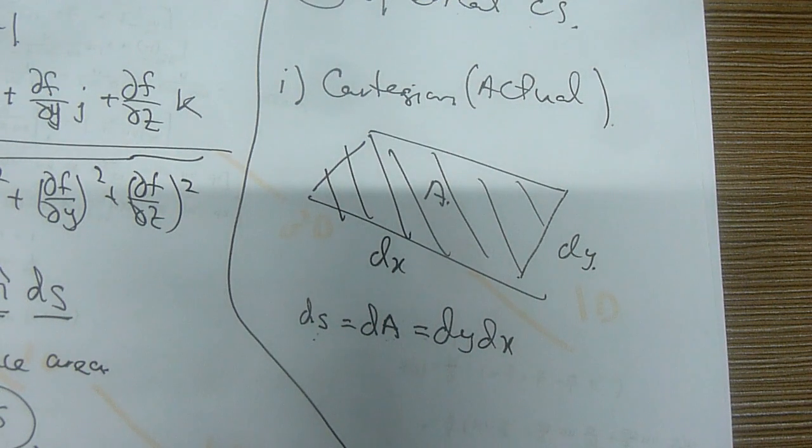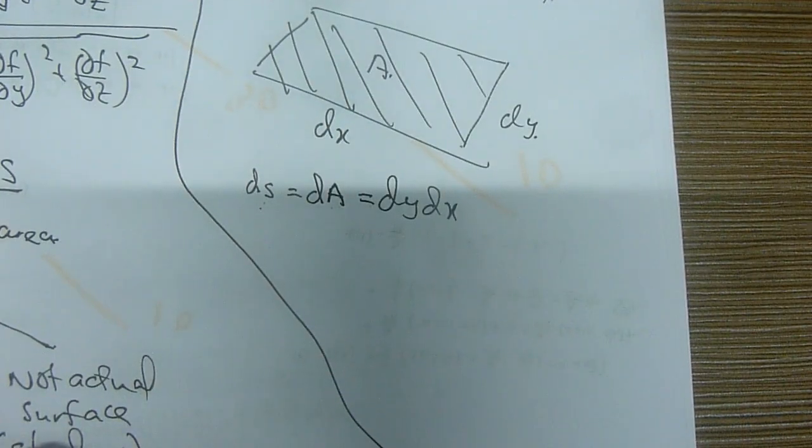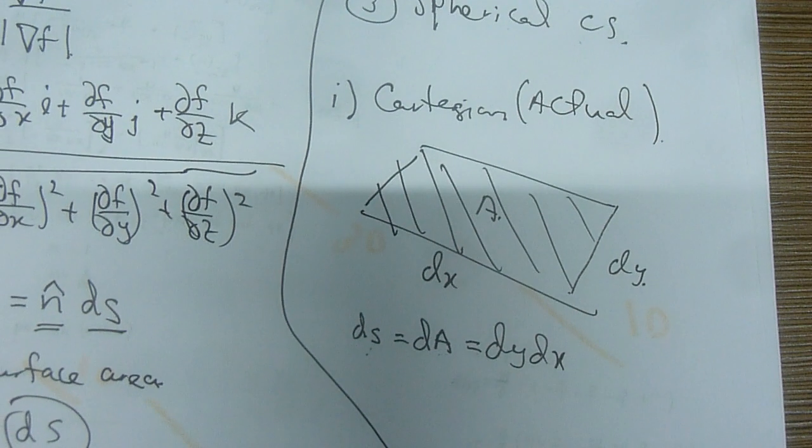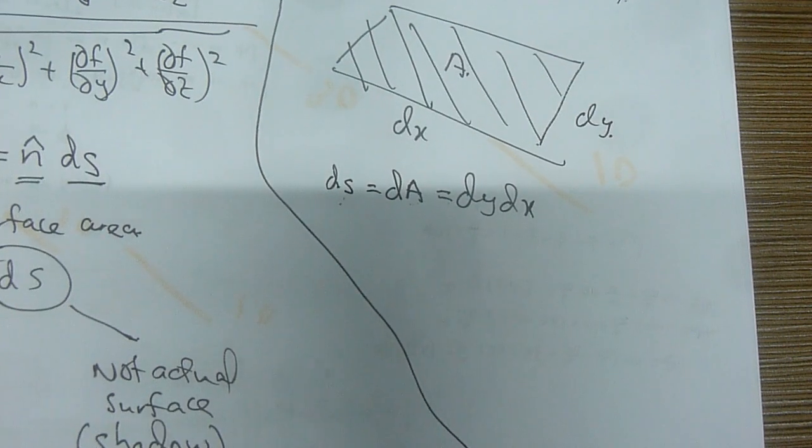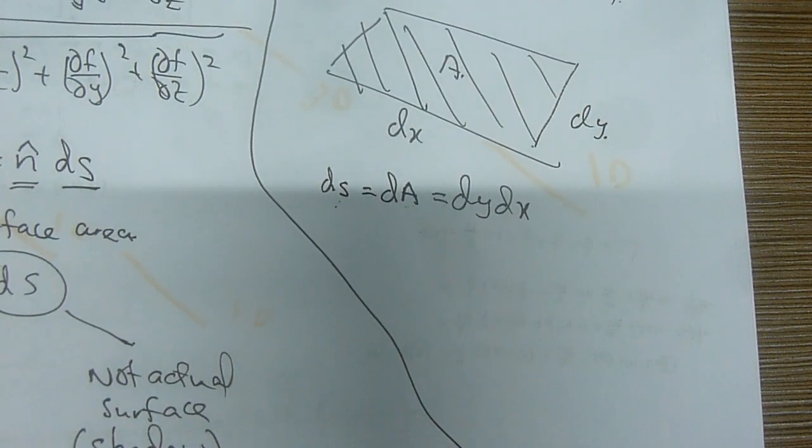What about the cylindrical? For cylindrical, I think the space is not good here, but can I finish that? A lot of things to draw, so I use a different paper here. Now you know this is actual surface. Now I go for the cylindrical.